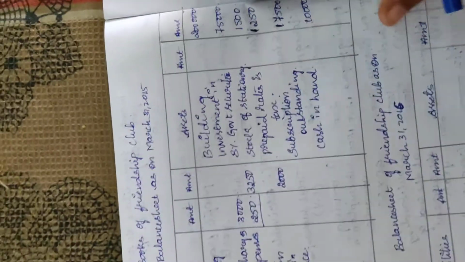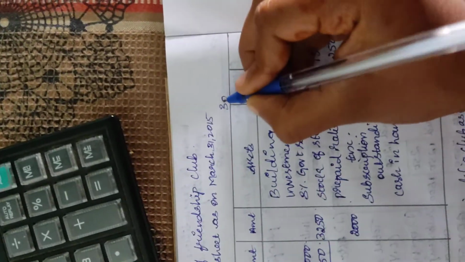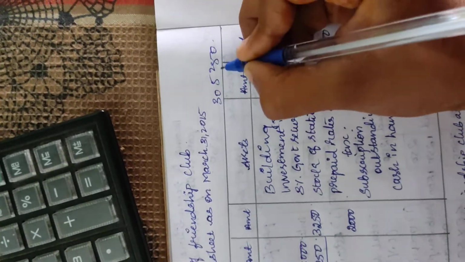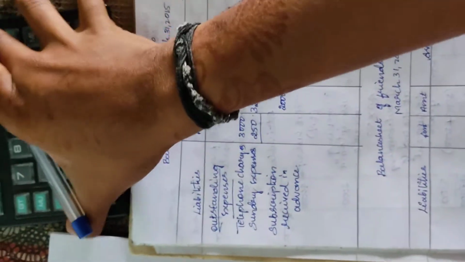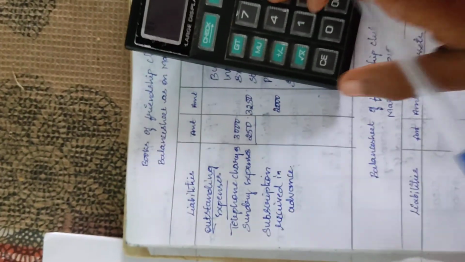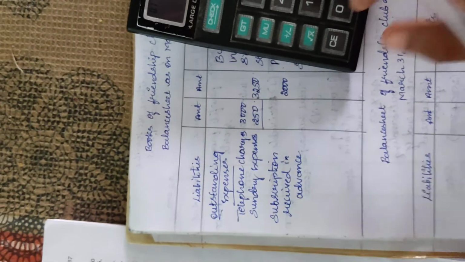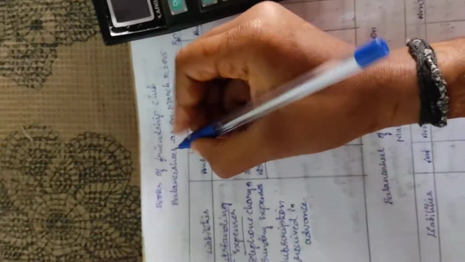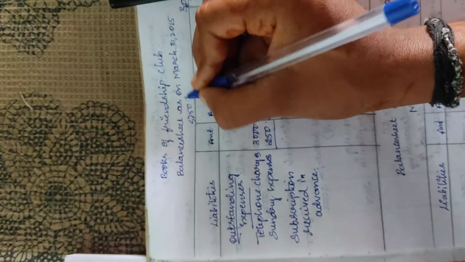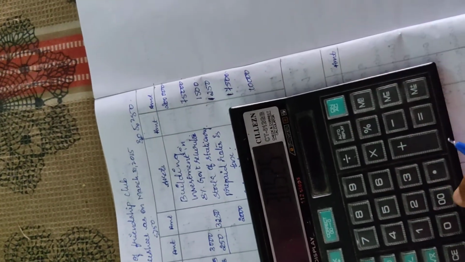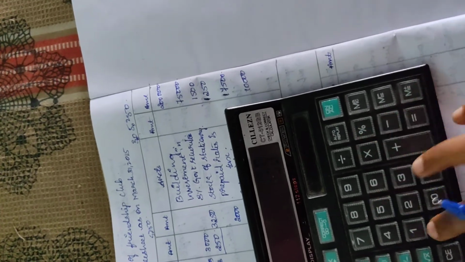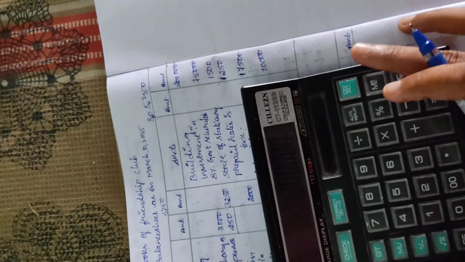So we get 3,05,250 this side. And this side we will get 3,250 plus 2,000, so it is 5,250. So when we minus it, 3,05,250 minus 5,250, we will be arriving at 3 lakh.